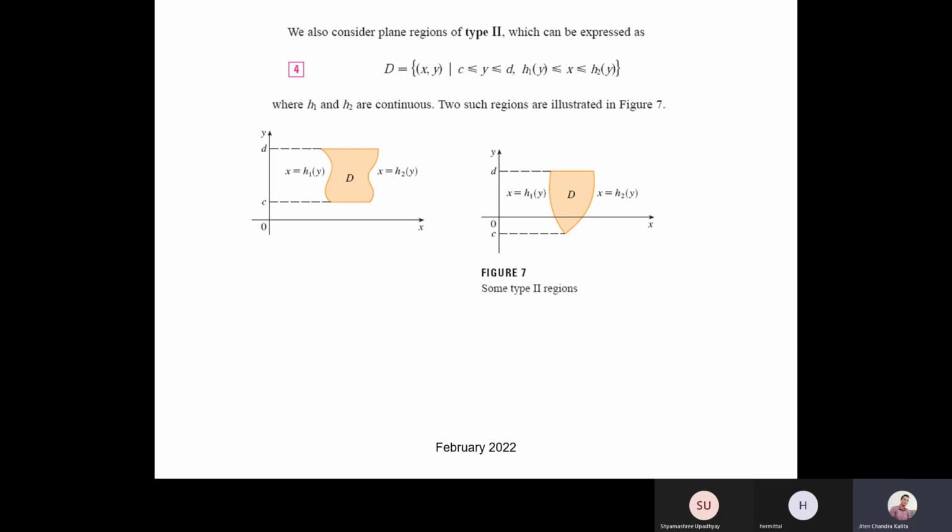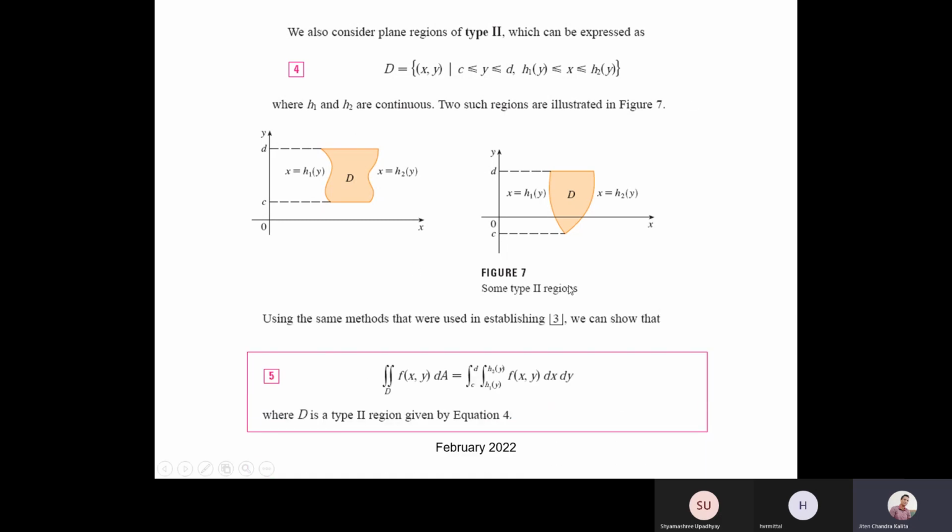In those cases, you have to choose which approach gives you the smoother procedure. I'm going to show you one example later on where a particular domain can be expressed as both type 1 and type 2. If it is a type 2 region, then you perform integration with respect to x first, because we have always defined iterated integrals, and after that, with respect to y.